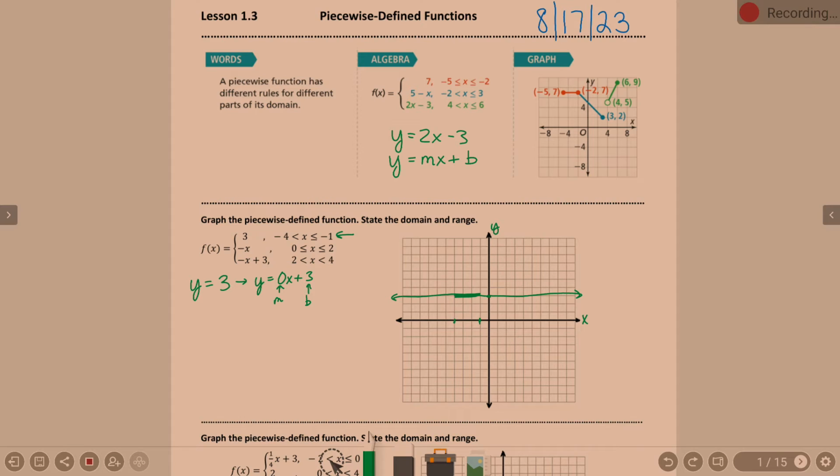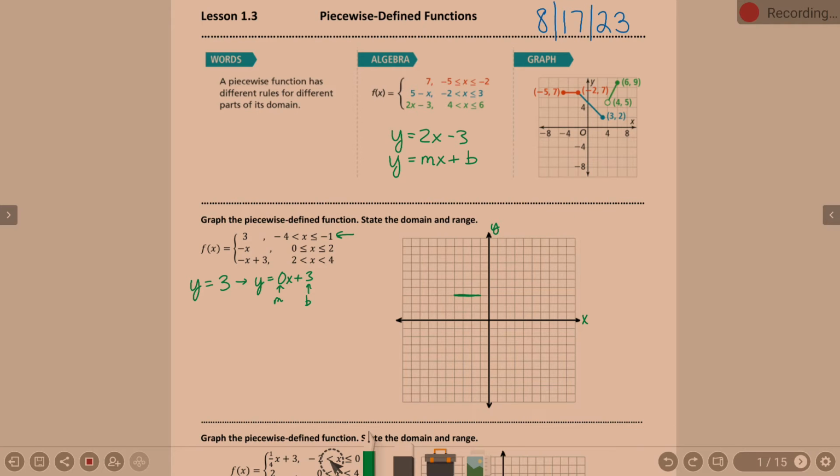What has to happen with the rest of that line if you went ahead and drew it in? You have to erase it now. Okay? And so we're just looking from this line that is y equals 3 to go from the x value of -4, so 4 left, to the x value of -1, so 1 left.